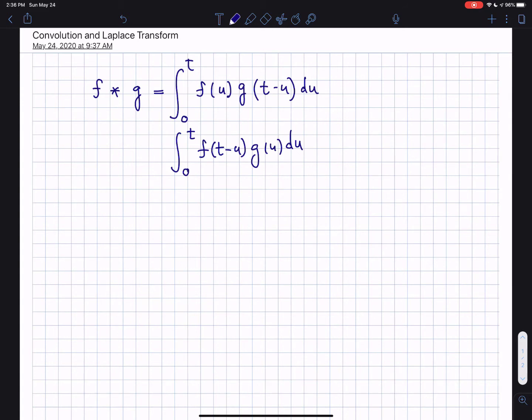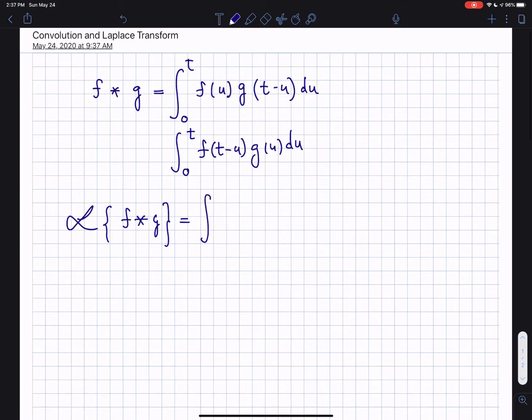But what's interesting is what happens when Laplace transform comes in. If you take the Laplace transform of a convolution, something very interesting and magical happens. Because if you want to take the Laplace transform of the convolution by definition, it'd be a horrific integration process.